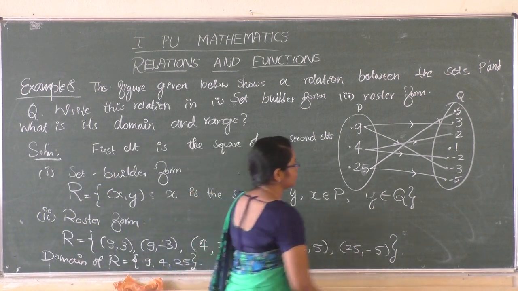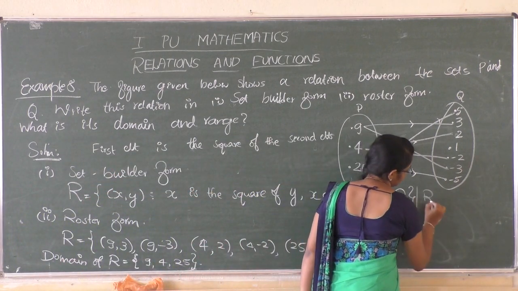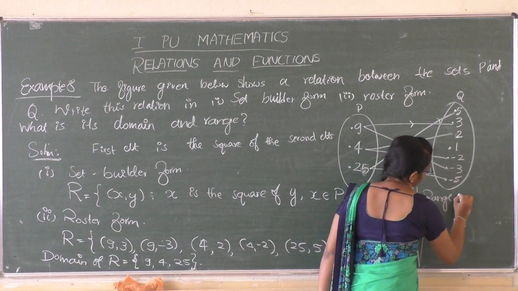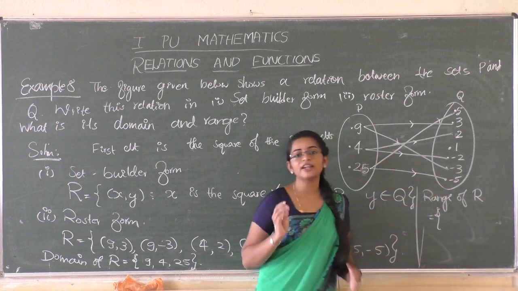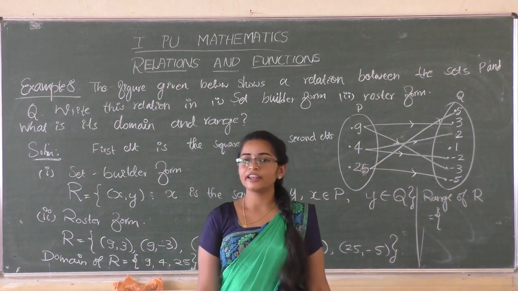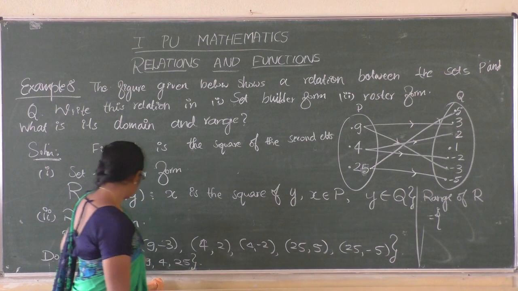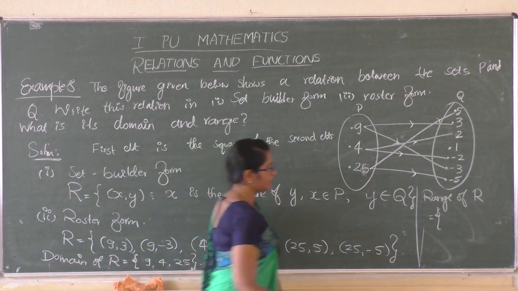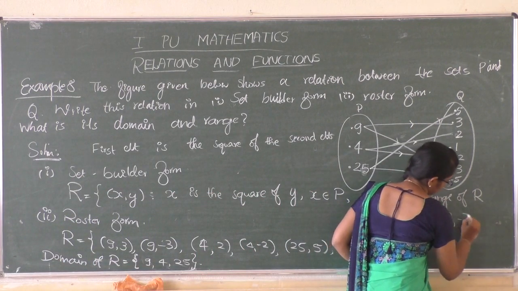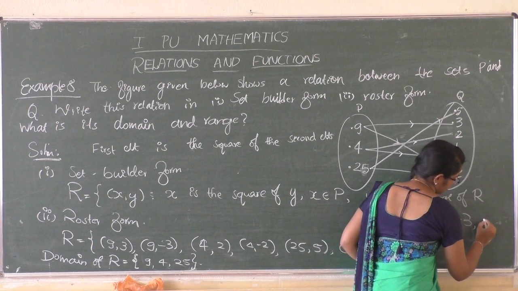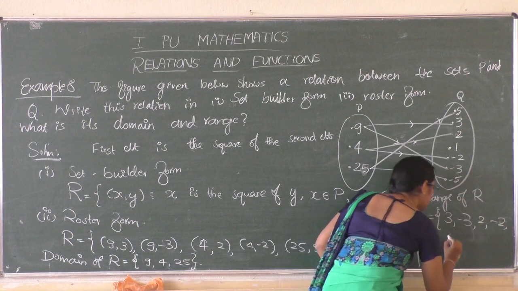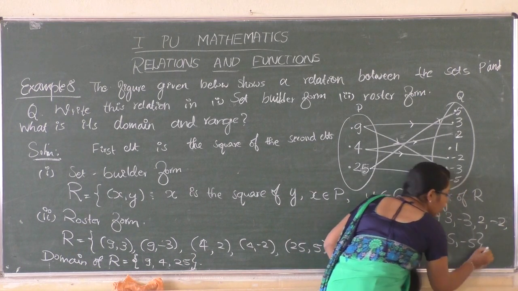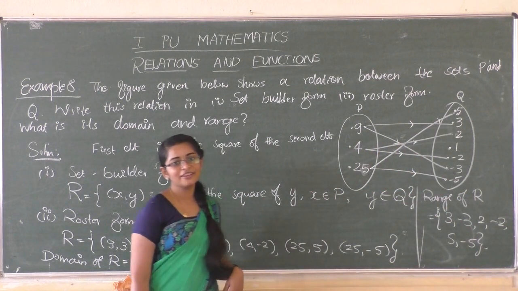And the range of R is, by the definition, the set of all second elements of the relation R. That is 3, minus 3, 2, minus 2, and 5 and minus 5. Okay, this is the range of the relation R.